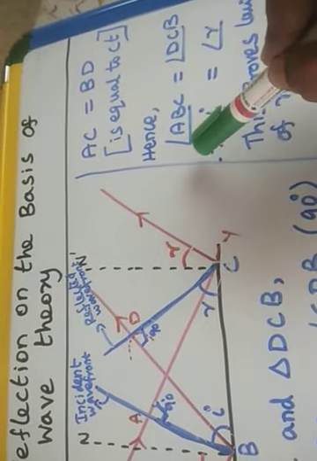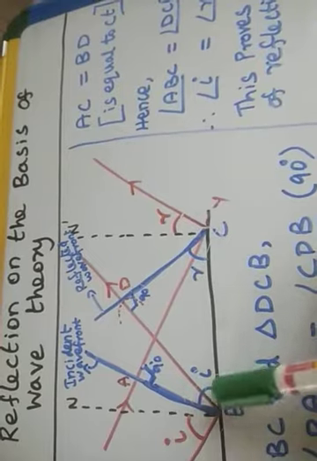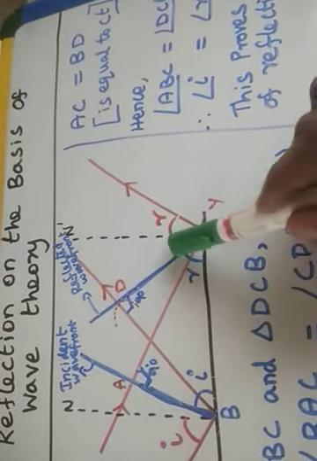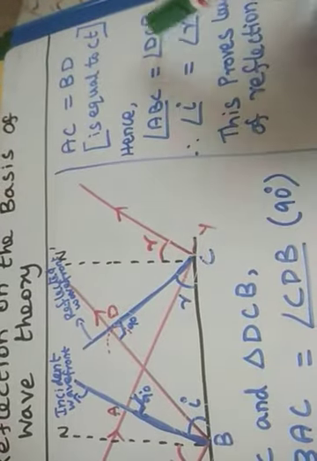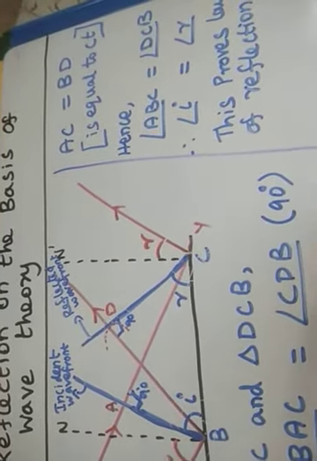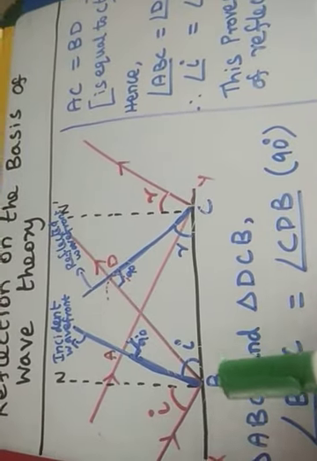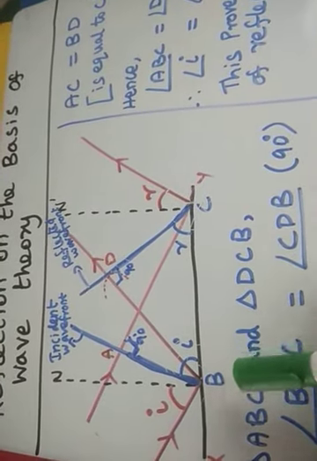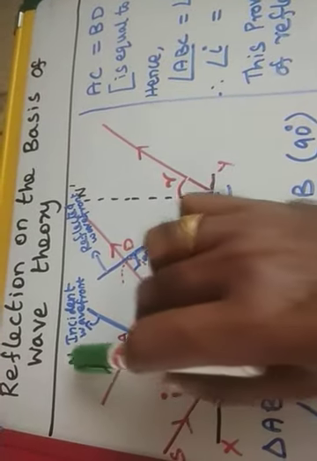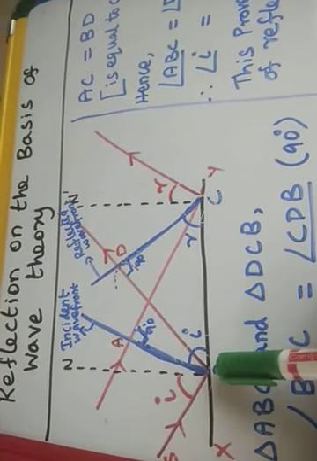Hence we come to the conclusion that angle ABC and angle DCB are equal, which are the angle of incidence and the angle of reflection. In ray optics, the angle of incidence is measured as the angle between the incident ray and the normal line.